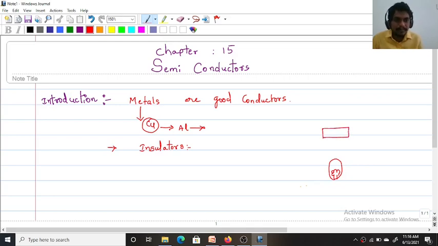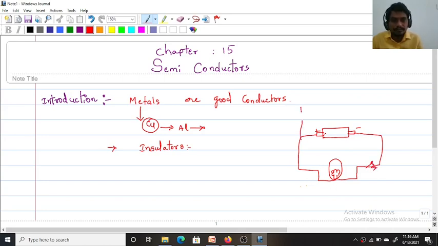This is a battery, with plus and minus. Initially I have connected the two terminals of the bulb to the battery. When you close the key, the bulb will glow.